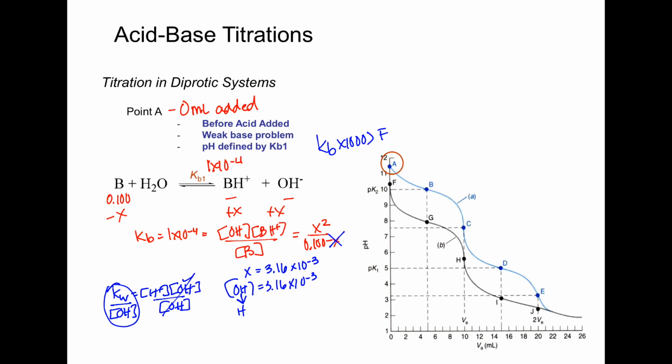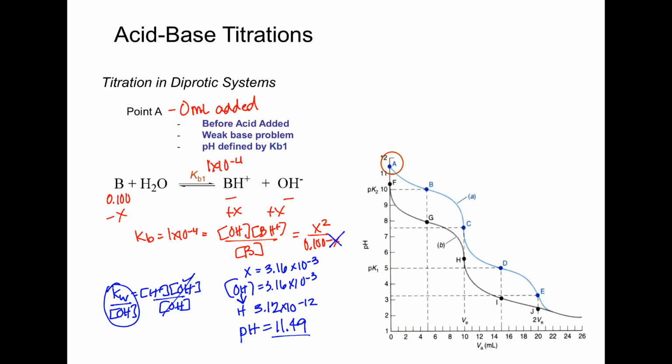When I did that, I got that the hydrogen ion concentration was 3.12 times 10 to the negative 12th. Then when I took the negative log to find the pH, I got that the pH was equal to 11.49. So that makes sense. It's a basic solution, so it should have a high pH.